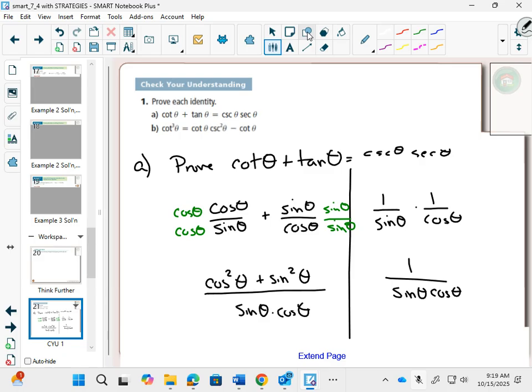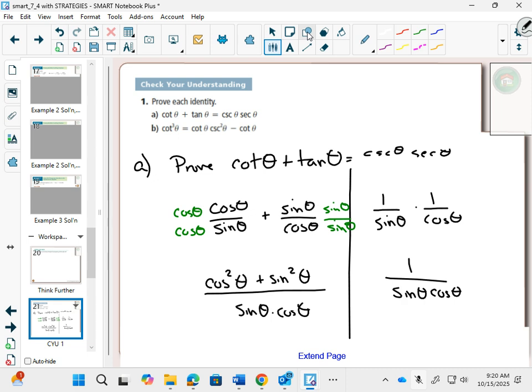Now, in the proofs that we were doing up till now, usually if you change things to sine and cosine and you got a single fraction on both sides, everything was perfect and it worked out and you'd be just like, I'm done. But this one's not quite done yet. We're very close. My denominators are the same. But this one, my numerator is a 1, and this one, my numerator is cos squared theta plus sine squared theta.